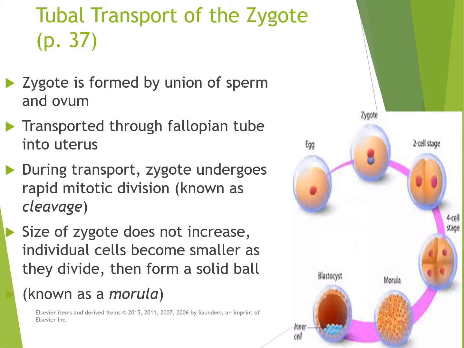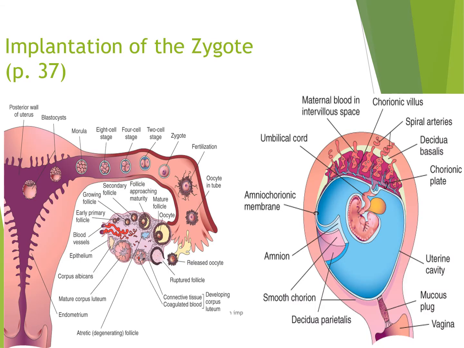So look at how it starts out as the egg, just one little thing in the center, then zygote, then 2-cell stage, it has split. Then 4, you can see it's into 4s. Morula, look at that. Look at all those cells that have split. And then the blastocyte. Okay, implantation of the zygote. Again, here's that picture of what happens.